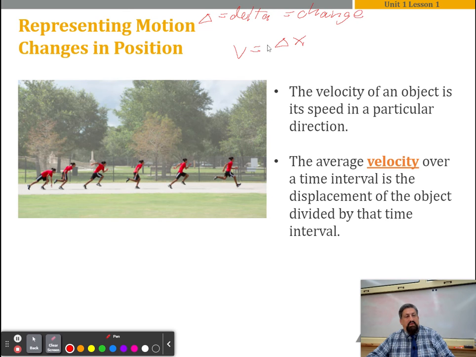So velocity is a change in position, change in x, over a change in time. So it's how much your position changed in a certain amount of time. That is the definition of average velocity: the displacement of an object, delta x, divided by the time interval, delta t.